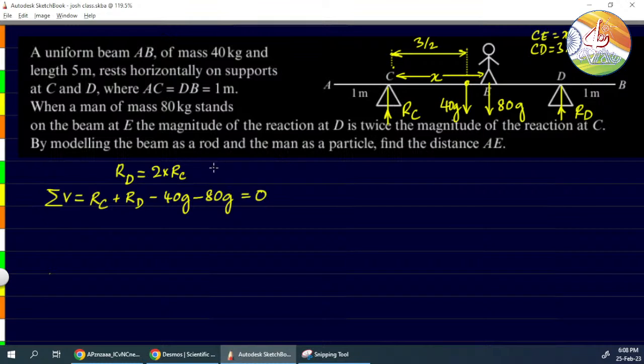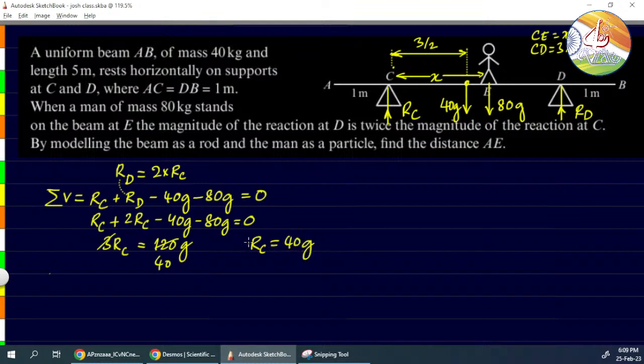We can substitute the value of RD here. So we get RC plus 2 times RC minus 40G minus 80G equals 0. So 3 times RC equals 120G, and RC value is 40G.